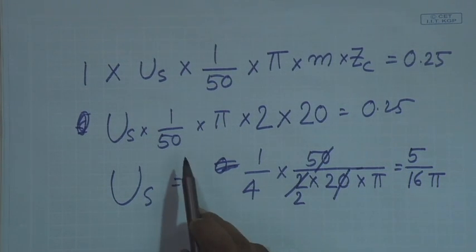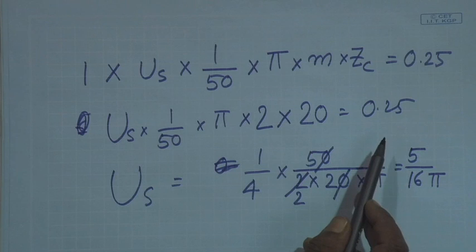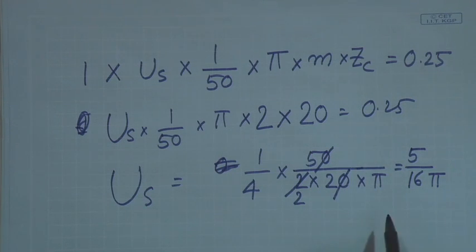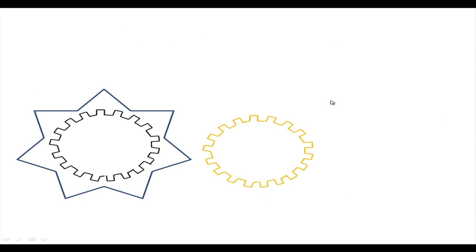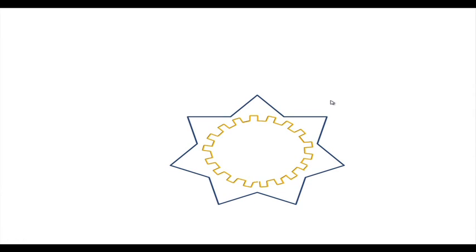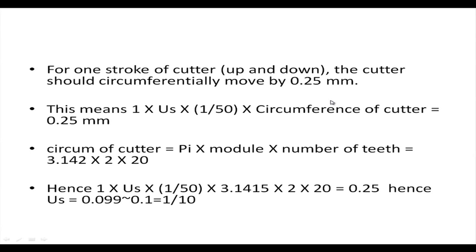Have we made any mistake? Let me quickly check. Yeah, hopefully this is correct. I will just compare this with the calculation which we have already done and see whether we have got something correctly. So, yeah, US into 1 by 50 into pi into 2 into 20 is equal to 0.25, and hence I think we have solved it and got a particular value.